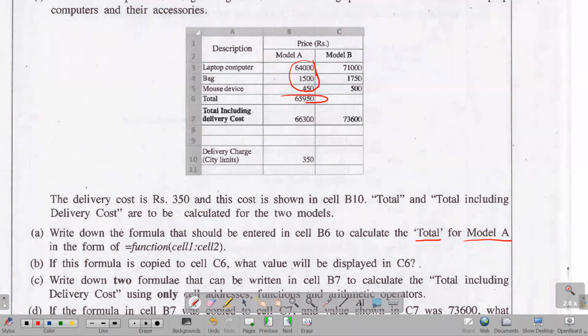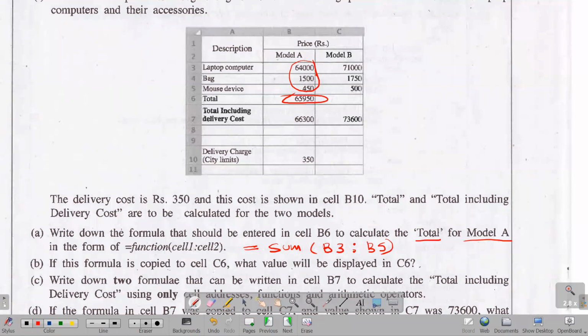This is going to be the total. So it's going to be equals SUM B3 colon B5. Right, so that is the answer for the first question.